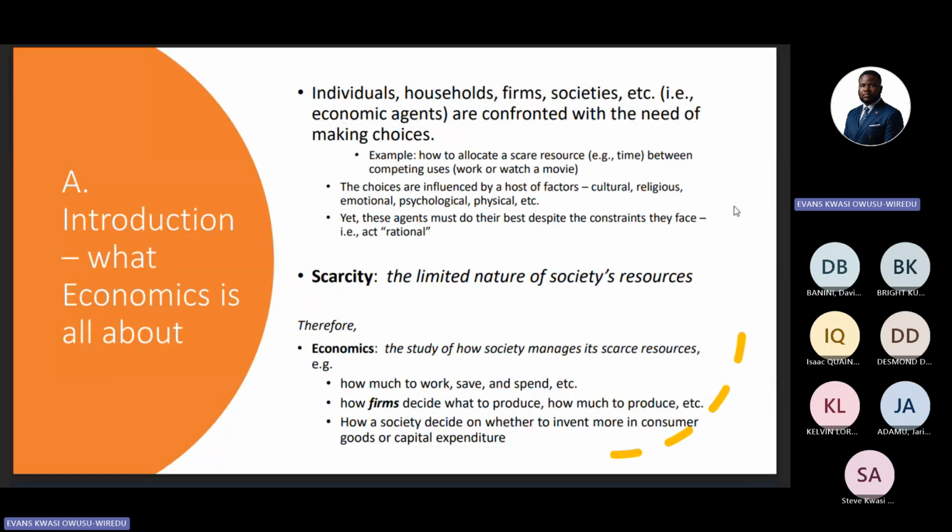Since we can't have everything, we must choose. This very slide is showing us that we should try to be rational in our decision making. This also means that we are trying to get the most value out of the little that we have.